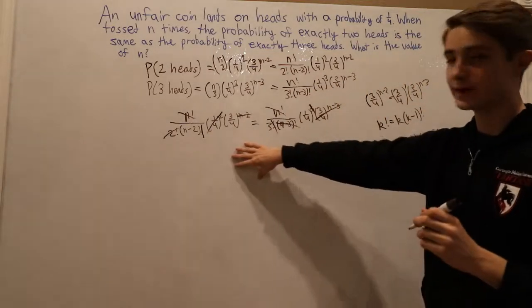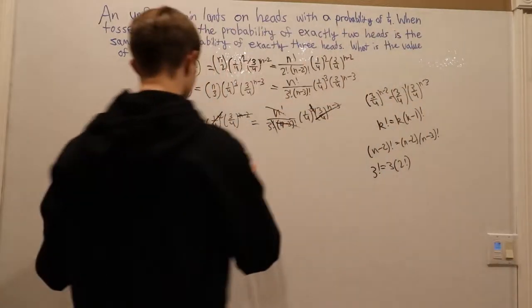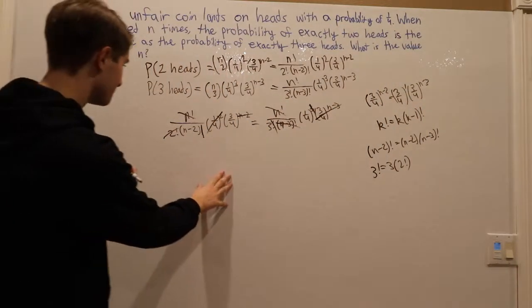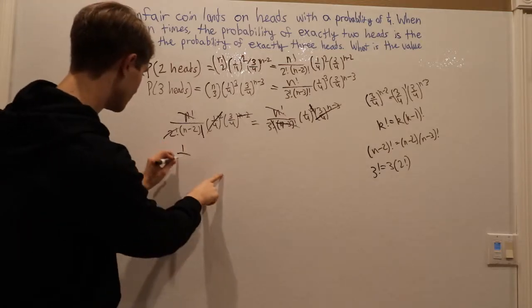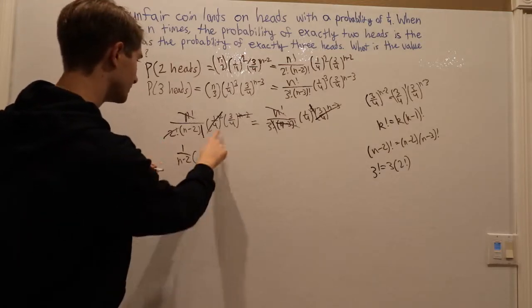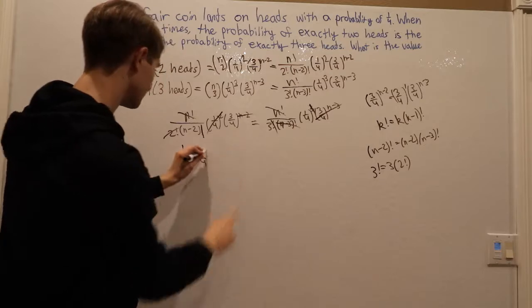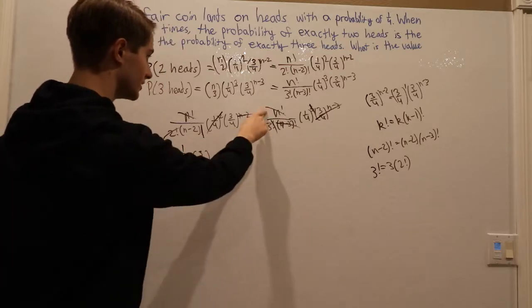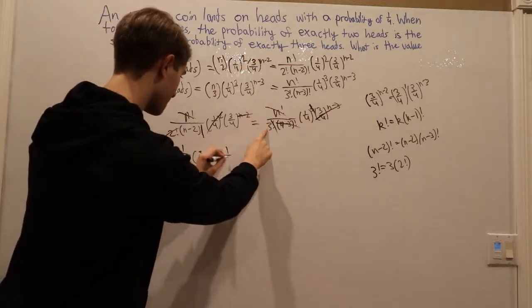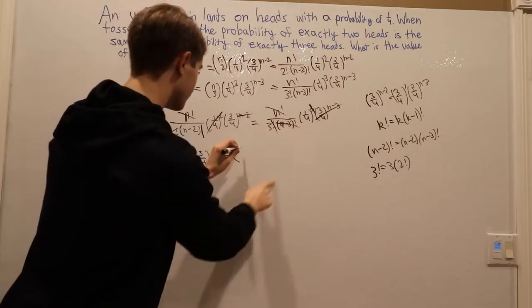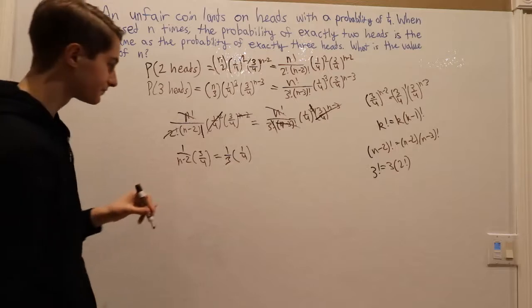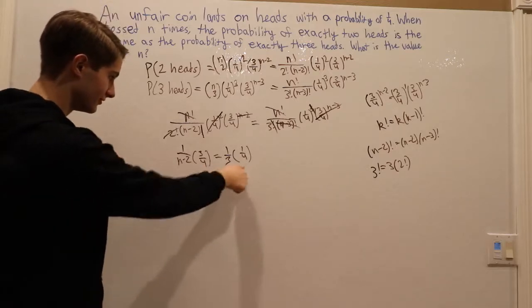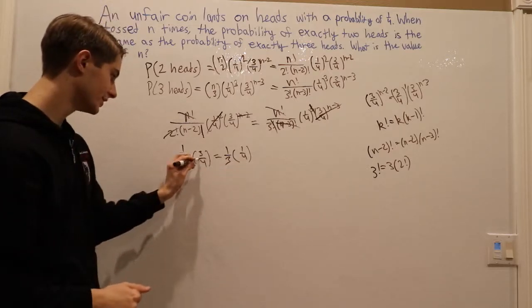Now we can rewrite this equation with all these cancellations and solve for n. On this side, we have 1 over n minus 2, times 3/4. This is equal to, on the other side, 1/3 times 1/4. Now we need to solve for n. First of all, we still have a factor of 4 on the bottom in both cases.